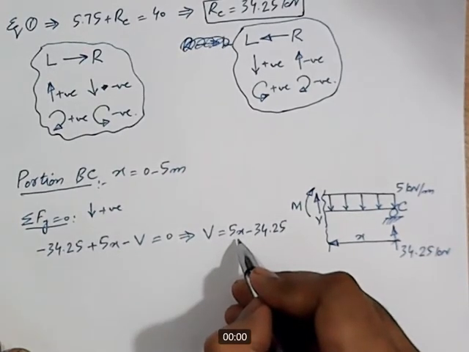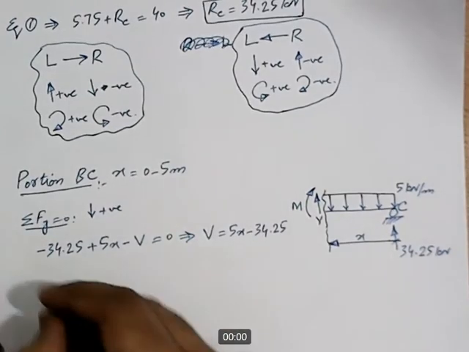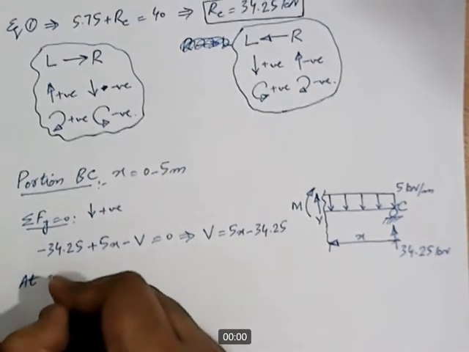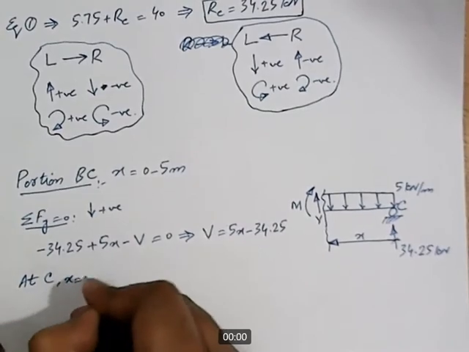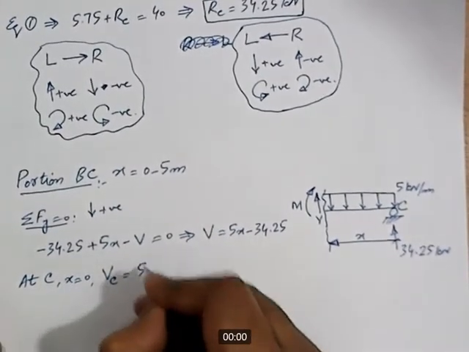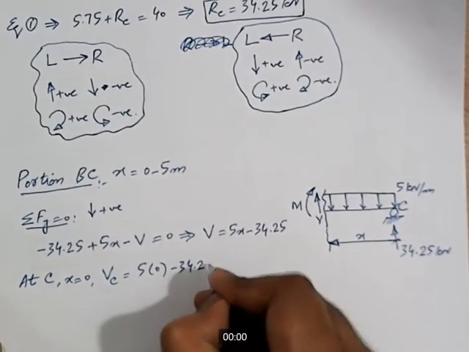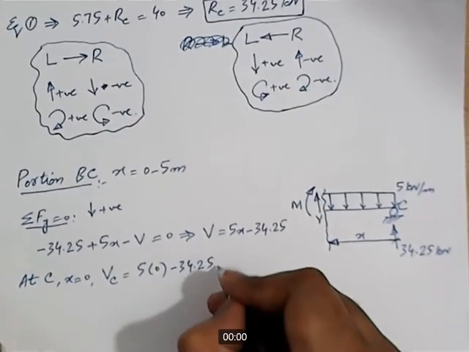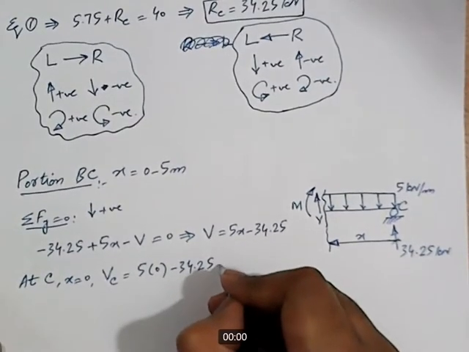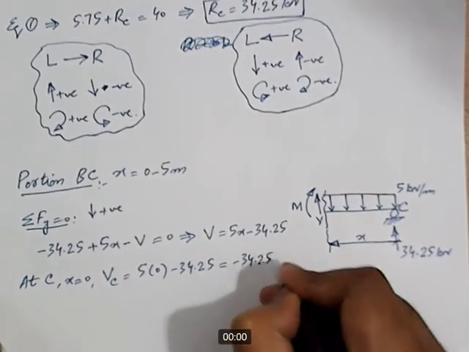it means that we need to calculate the values for the two extreme points separately. So at C, x is equal to 0, so VC is equal to 5 into 0 minus 34.25, which means that this is equal to minus 34.25 kilonewton.